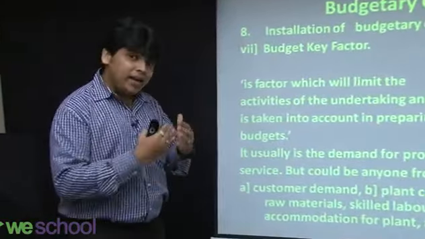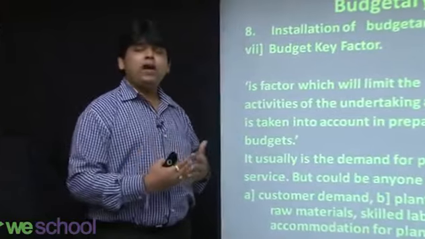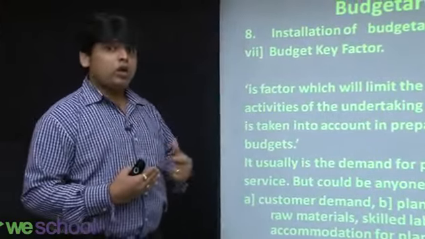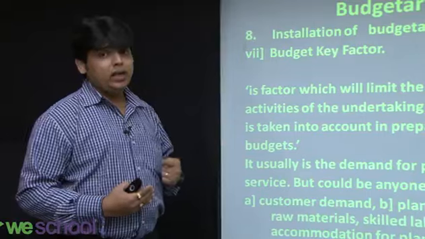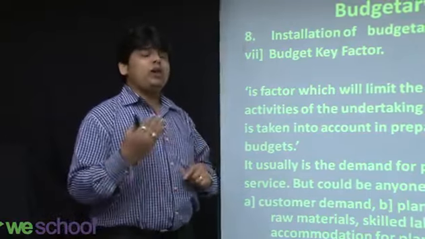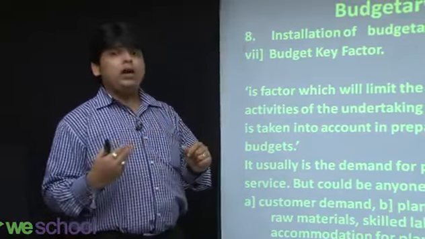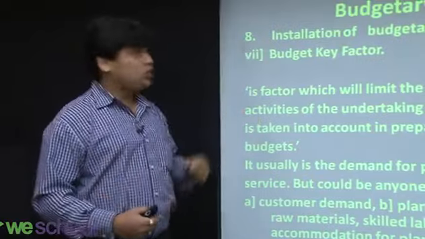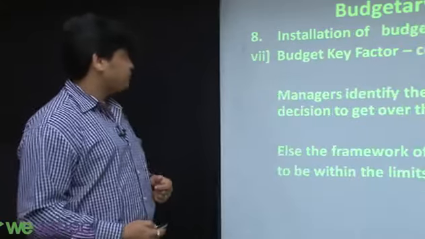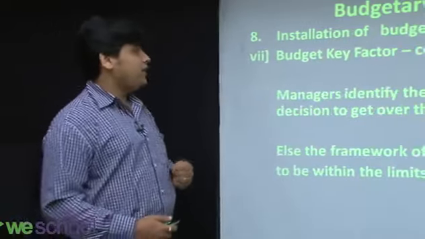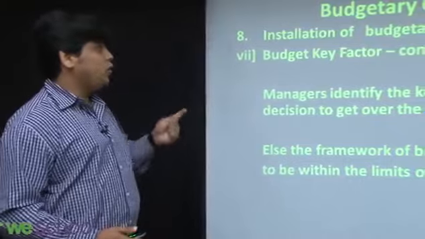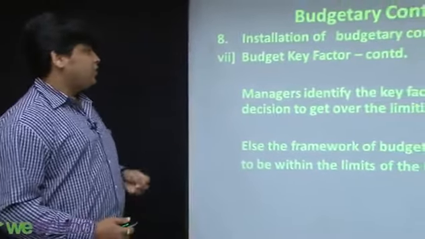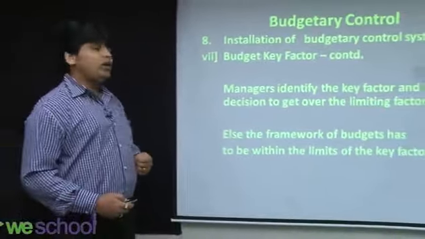When each and every departmental head has made the budget, from which budget should they start? Once you start with one budget, the other departmental people will make their budgets on the basis of the implementation of the first budget. That is called the budget key factor. So the manager identifies the key factor and takes a decision to get over the limiting factor, else the framework of the budget has to be within the limit of that key factor.